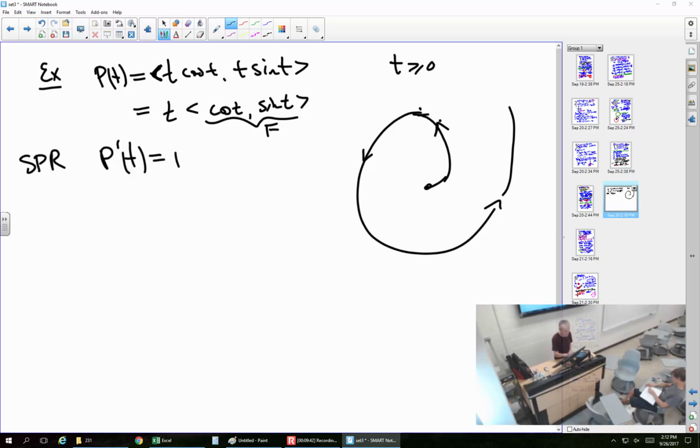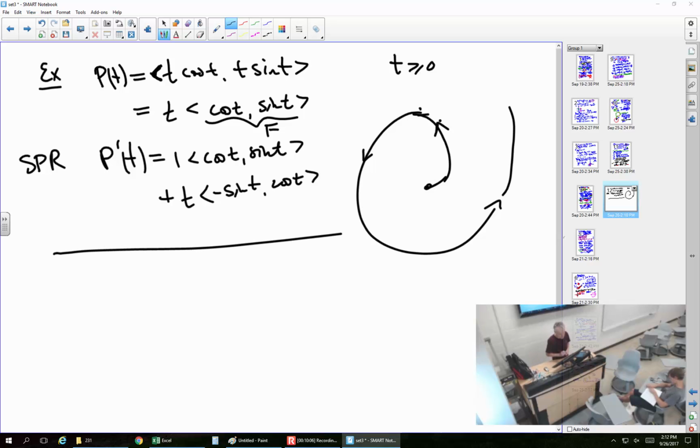So it will be 1 times f, which doesn't go anywhere, and the second term of the product rule will be t times the familiar derivative, negative sine t, cosine t. It's hard to tell what the meaning is, but if we already know what the curve is, the best we can get from this is the actual derivative. So it is a bit quicker, I suppose.